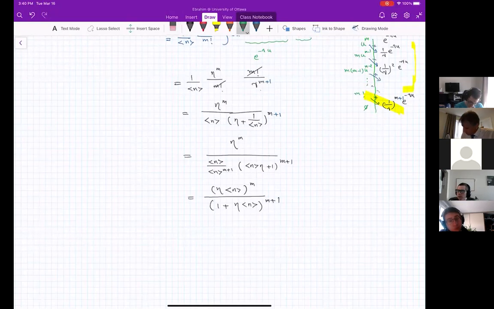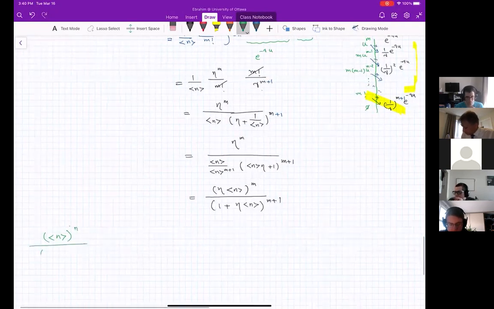So it was n power of m, or let's say go with the same notation that we had, 1 plus n power of n plus 1.